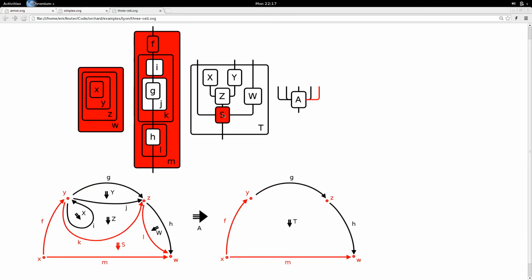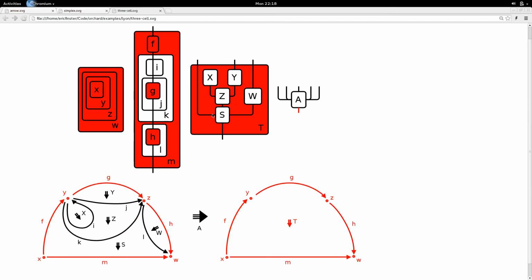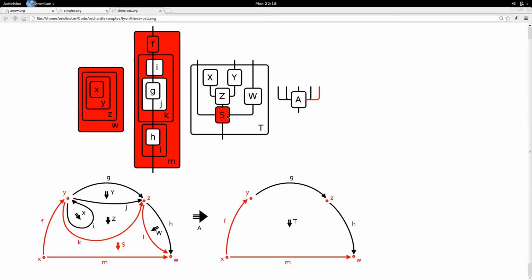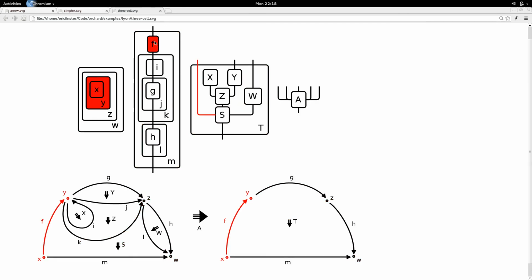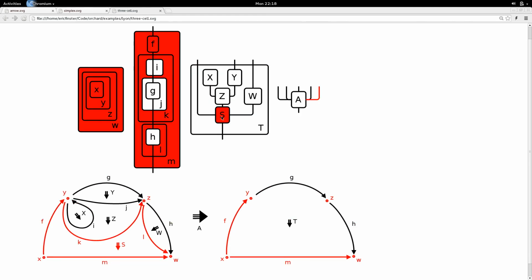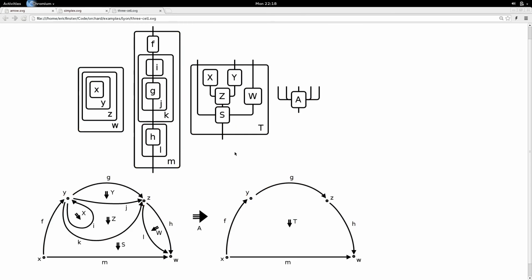For example, if we consider this 2-cell S, it has 3 inputs, 1, 2, 3, which are where these 3 lines touch the boundary, and 1 output down here going out of the bottom. And if you see both in the picture below and in the previous dimension, those inputs are F, K, and L, and the output is M, and those are exactly the cells highlighted down below. Right.